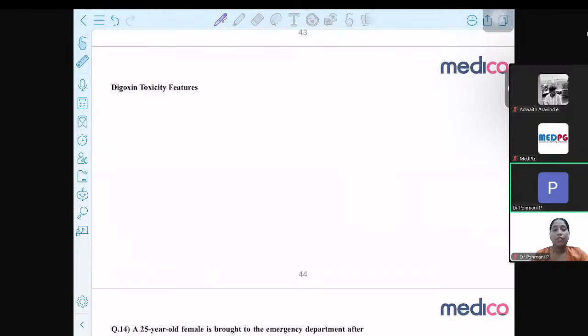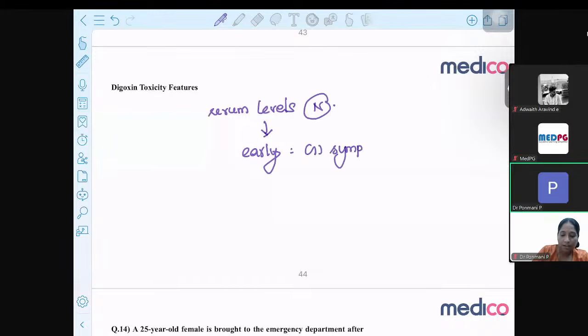Okay. So I would like to touch upon the digoxin toxicity features also. Digoxin is also a drug which has a very narrow therapeutic index. So with digoxin toxicity, this you must remember, even if the serum levels are normal, toxicity symptoms can kick in. And the earliest sign of toxicity is GI symptoms. Okay.